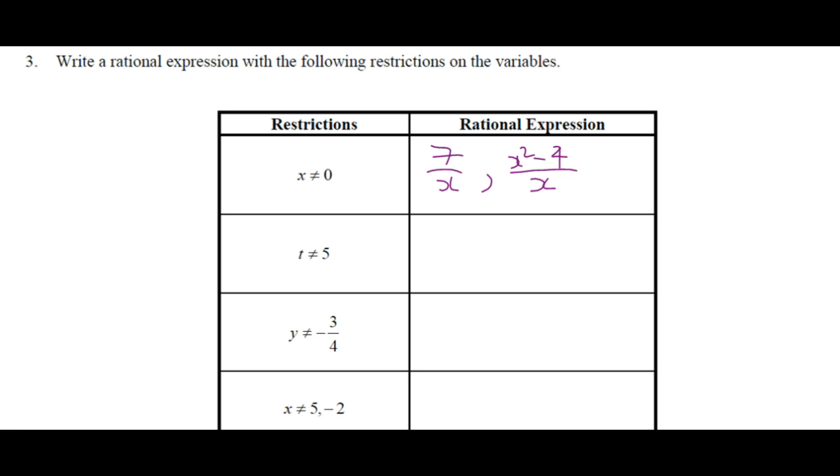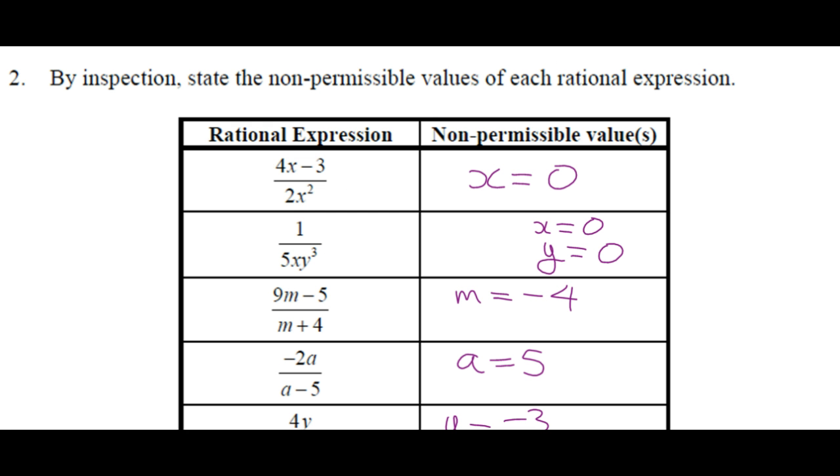t cannot equal 5. Now, wait, there's something else going on here. x cannot equal 0. When it's a restriction, we say that the variable cannot equal. When it's a non-permissible value, we say that it is equal.